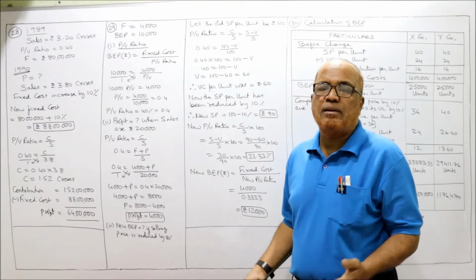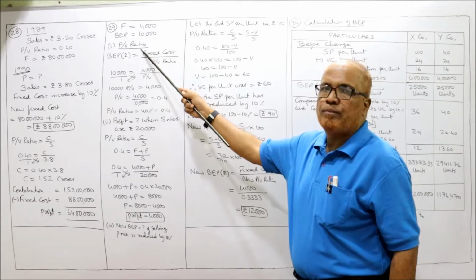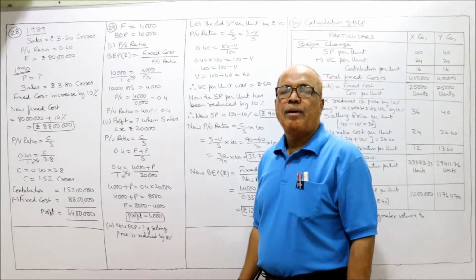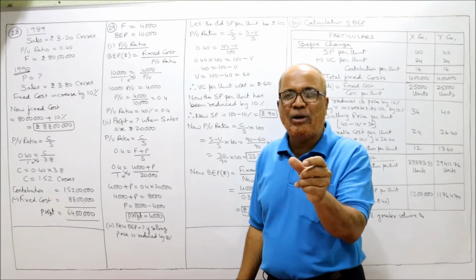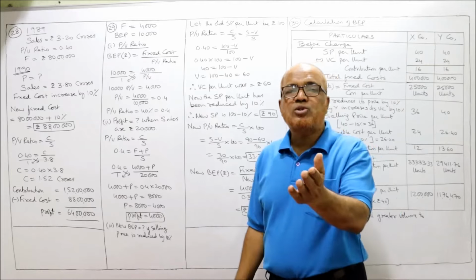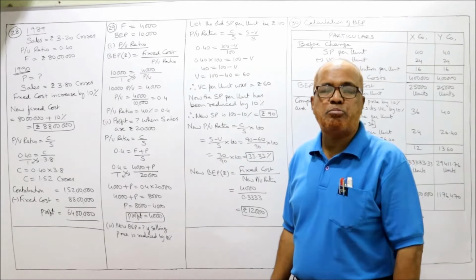What was the old selling price? Not given. We are simply given the PV ratio, 40%, the old PV ratio. But when the selling price is reduced, the PV ratio will also change. So we will make an assumption.